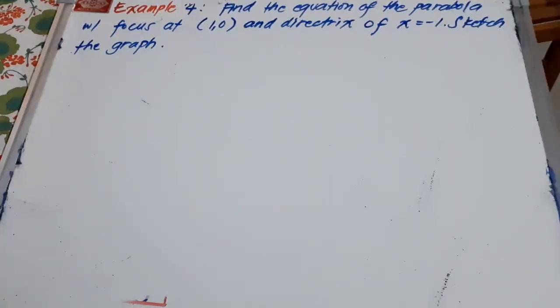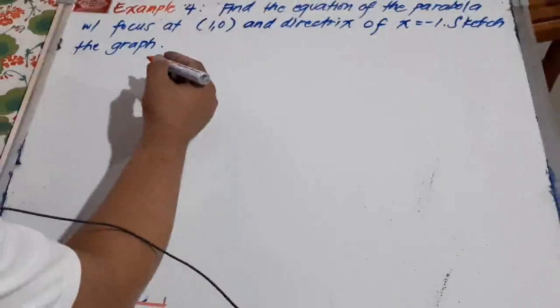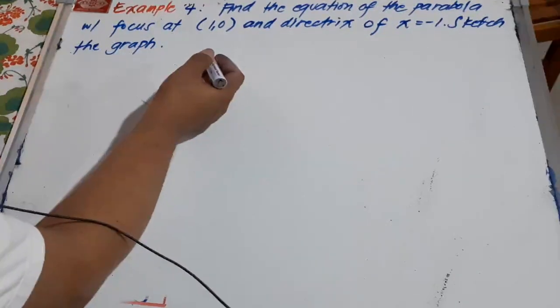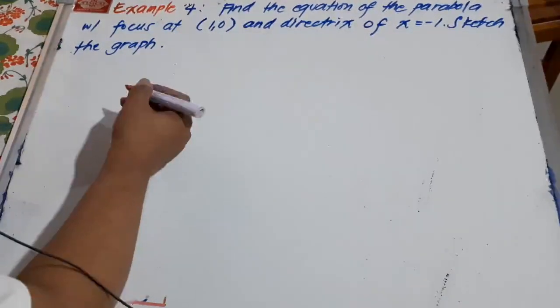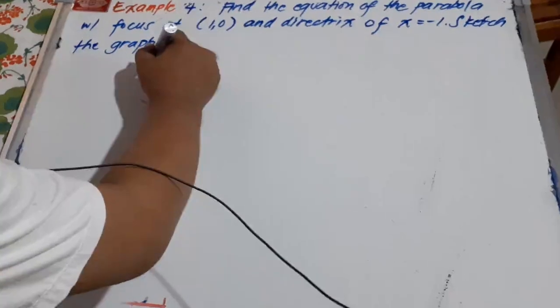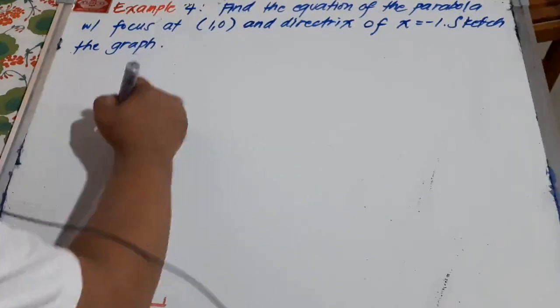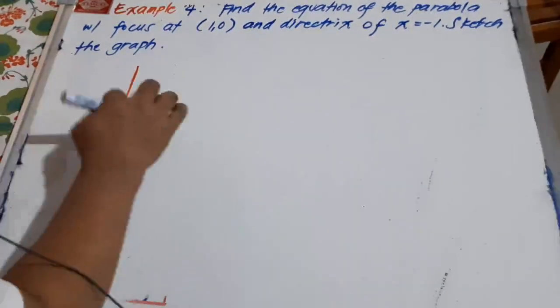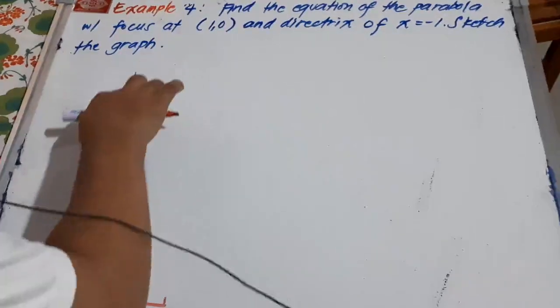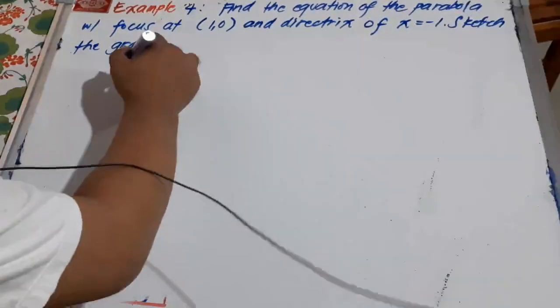And we're going to sketch the graph of the parabola. Okay. So, sketch natin yung graph. I-plot natin yung points and then i-draw natin yung equation of the directrix. So, we have, para magka-idea tayo kung saan open yung ating parabola.